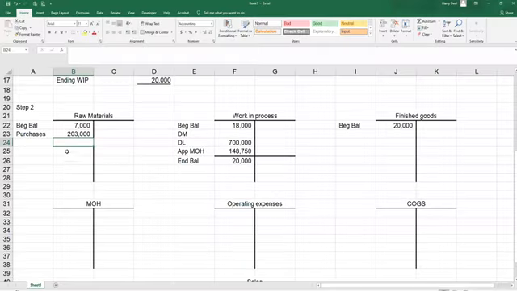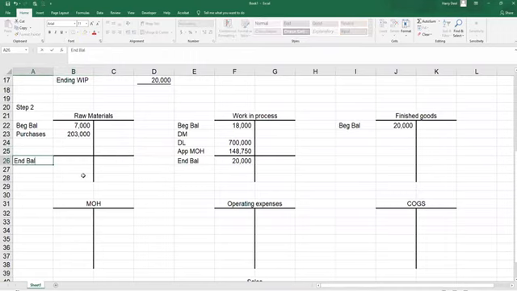So ending balance for raw materials, 10,000, which means the total amount of raw materials used must have been 7,000 plus 203,000. So 7,000 beginning balance plus 203,000. That's the amount of purchases minus the ending balance. And that's a total of $200,000.